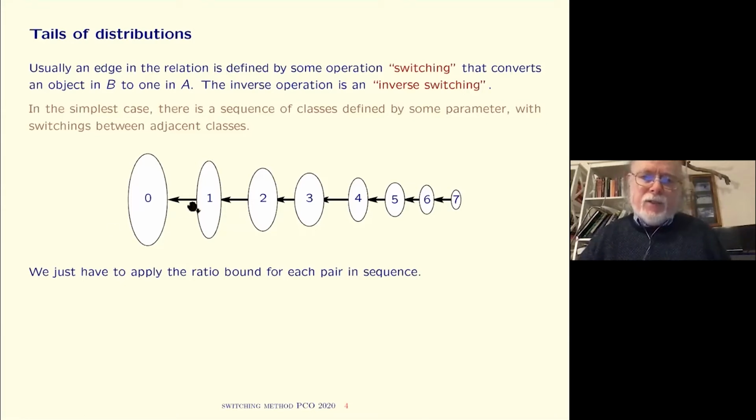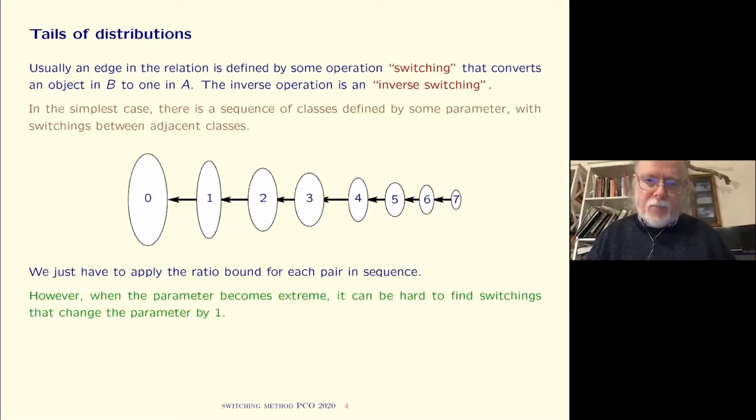And you want to bound the tail, so the small end of it: you want to find an upper bound on the size of that compared to the big sets, or maybe compared to everything. If the picture looks just like that, it's a very simple thing. You just apply the ratio to each pair in turn and multiply all the ratios together.